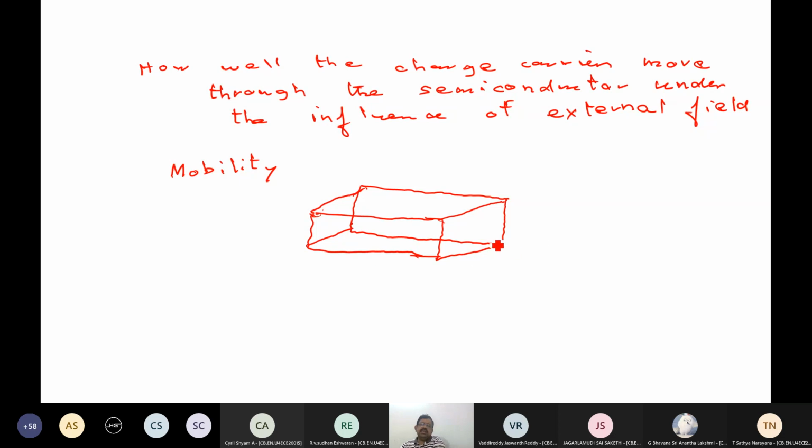This is my solid semiconductor, a piece of rectangular semiconductor, and I am going to apply an electric field across this semiconductor.